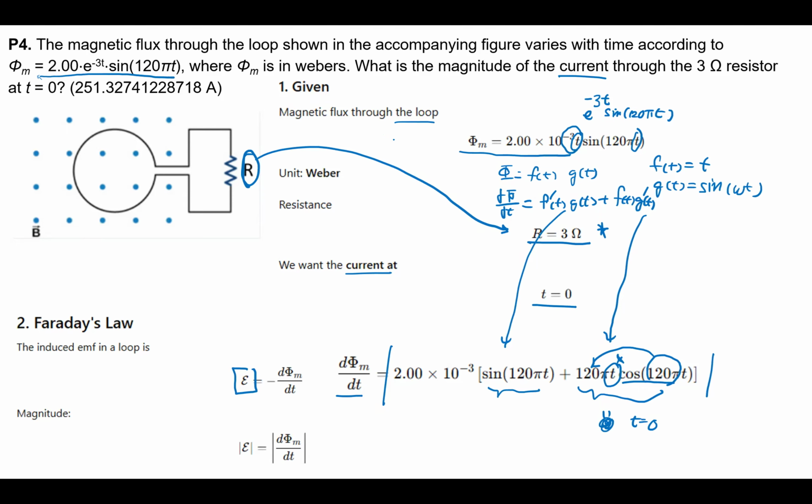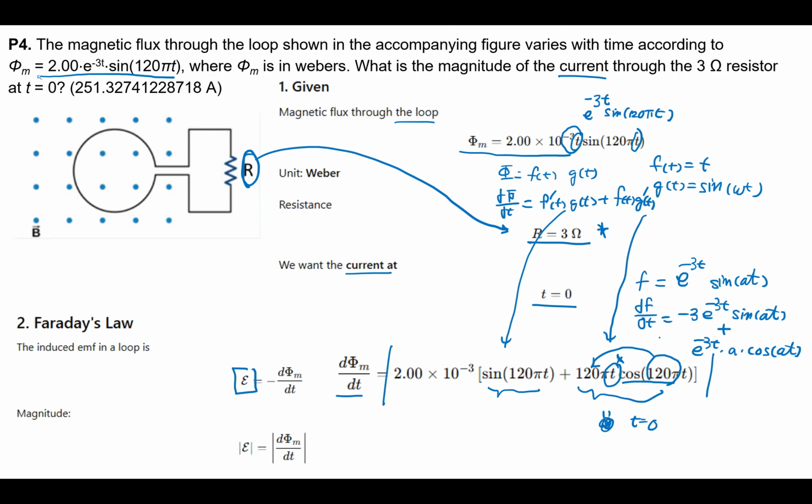It's exponential minus 3t times t times sine at. If you take the derivative, you get minus 3 exponential minus 3t sine at plus exponential minus 3t times a times cosine at.